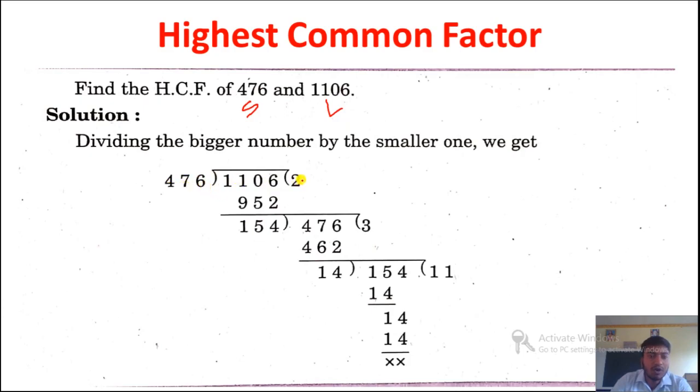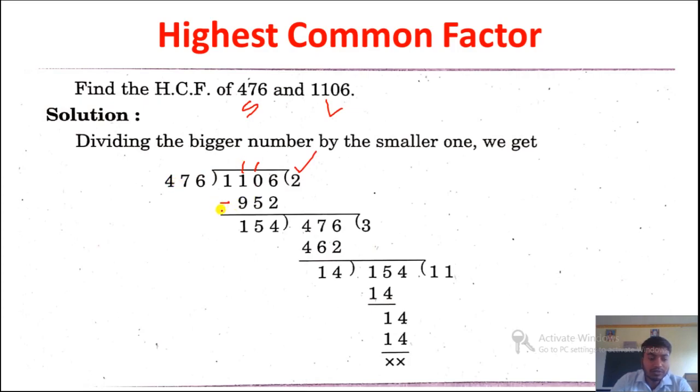First, how many times will it go? 2 times. When we multiply, 2 times 6 is 12, we write 2 and carry 1. 2 times 7 is 14 and 1 is 15, 1 was carried here. Again carry 1. Now 2 times 4 is 8 and 1 is 9.